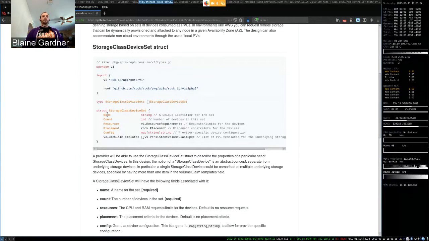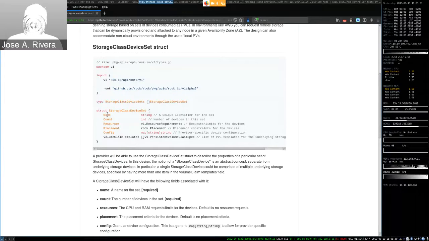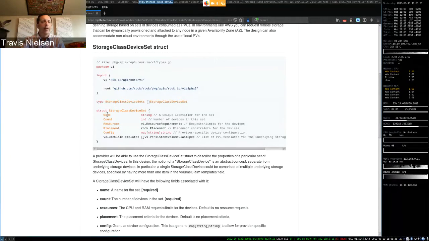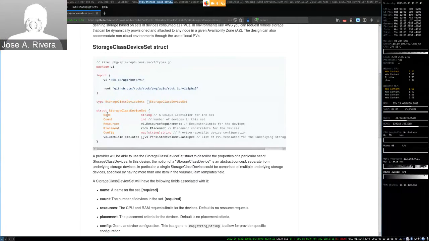Right. The resource requirements for the different nodes don't change from the OSD perspective. Sure, but that's irrelevant to the use case I was saying. Sorry, say that again, Jose. That's irrelevant to the use case I was saying. In my use case, there are no SSDs. It's just remotely attached EBS volumes.